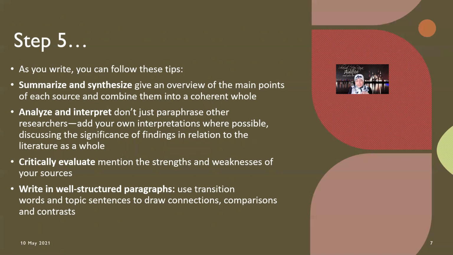So even though we said 7 journals, you might need some other journals to support your critical evaluations. You already analyze and interpret, you already critically evaluate, but you need to support these using other journals. And of course, write in well-structured paragraphs, use transition words. For example: however, in the meantime. Basically, those are the transition words.